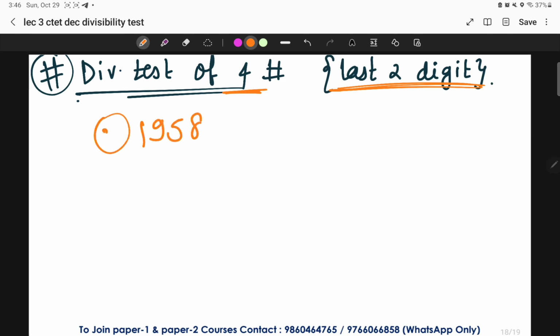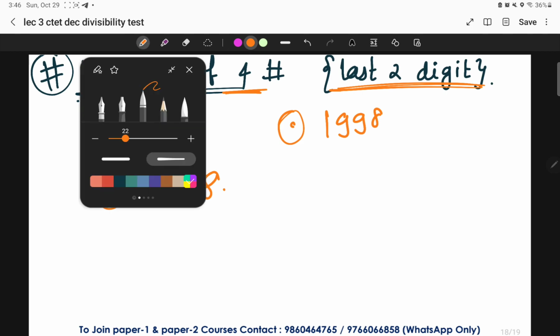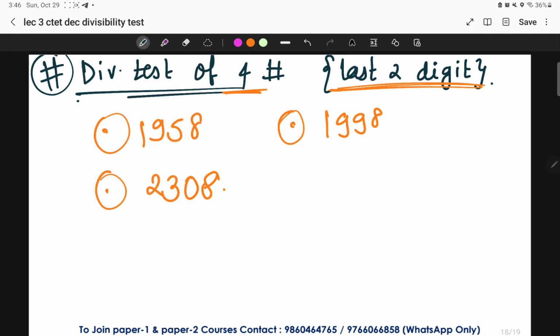For example, I have the numbers 1958, 1998, and 2308. We just have to check the last 2 digits. 58 is the last 2 digits of the first number, 98 is the last 2 digits of the second, and 08 is the last 2 digits of the third.